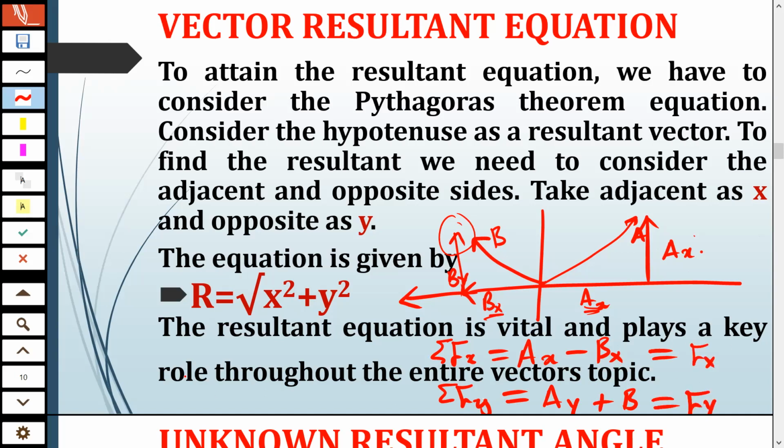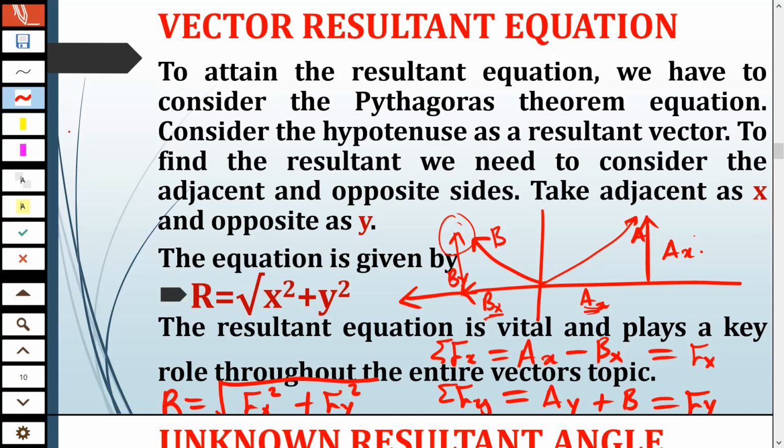Now the resultant force will be given by the magnitude, the square root of the force in the X squared plus the force in the Y squared. This is how you find the resultant force. And how do you find the direction of the resultant force vector?